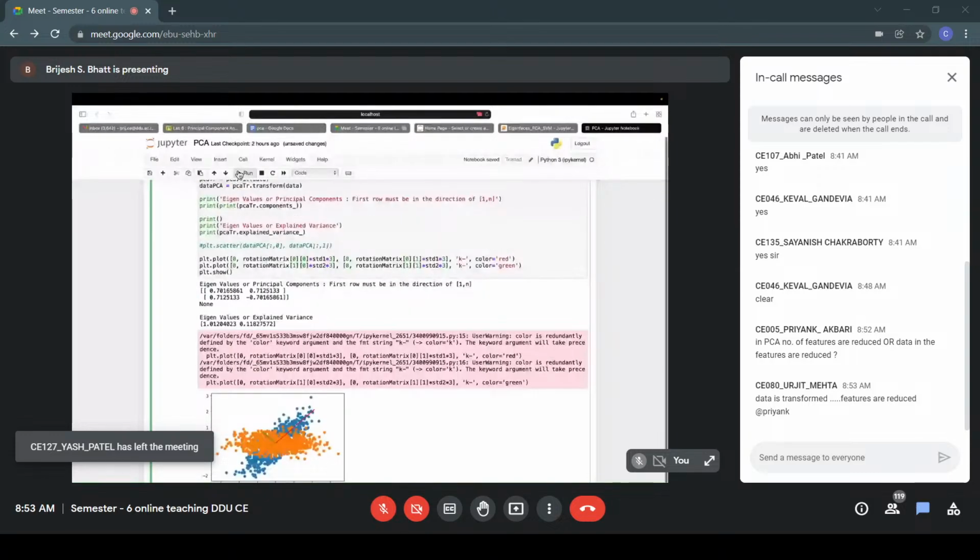This is what I was trying to show. Along this blue data, once we find the principal components, the eigenvalues are 1 and 0.1, which means the spread of data is along this eigenvalue 1, the red line that you can see here. Let me zoom in.